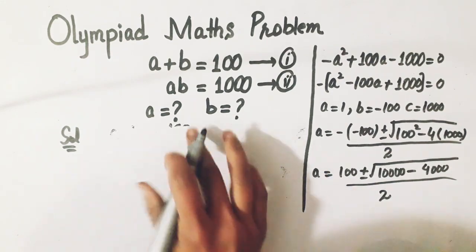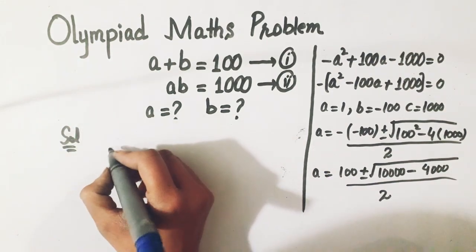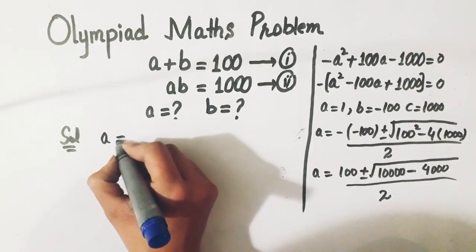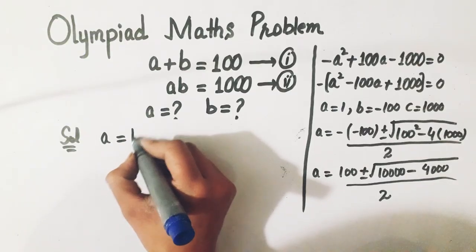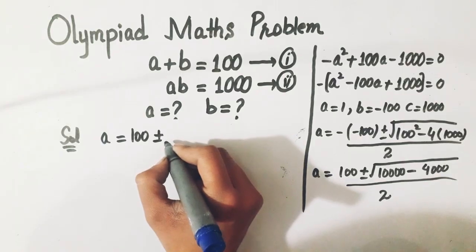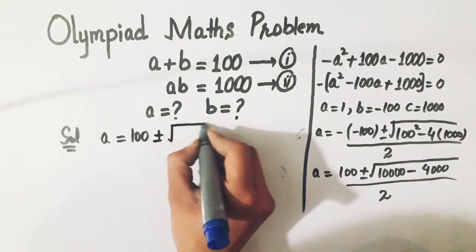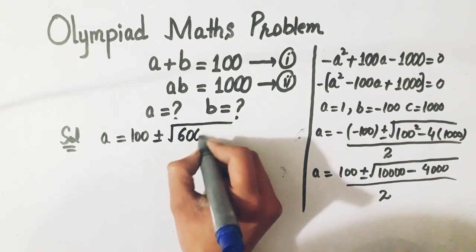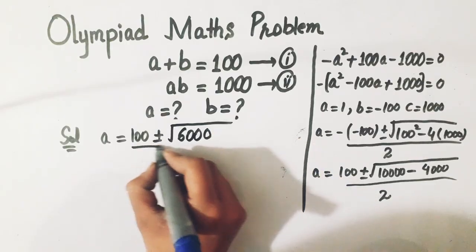What will be its value? We got a equals 100 plus minus the square root of 10,000 minus 4,000, which means 6,000, divided by 2.